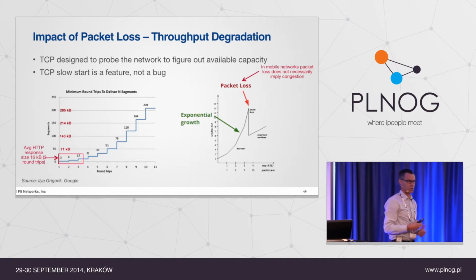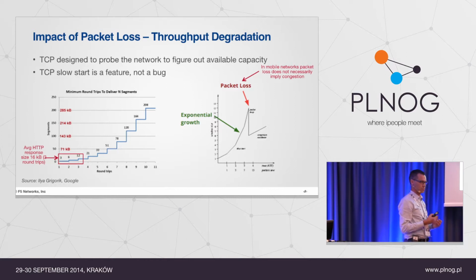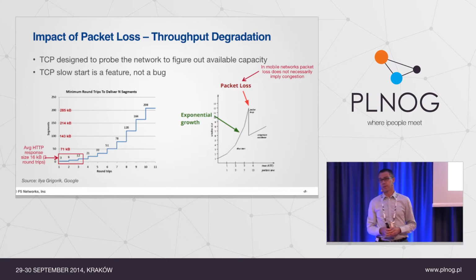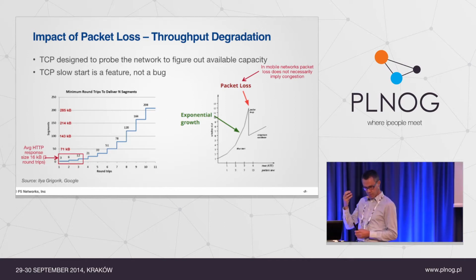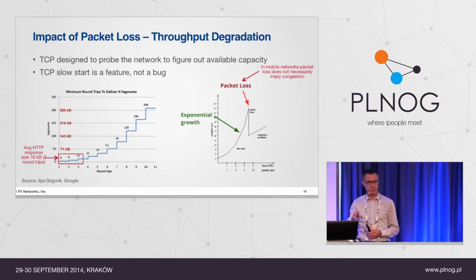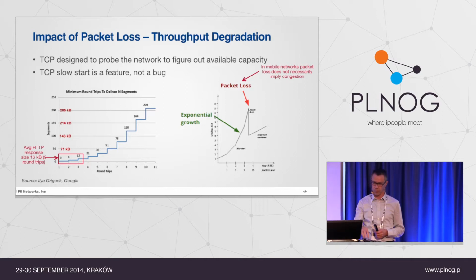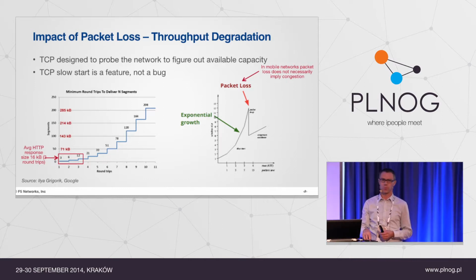Impact of packet loss, obviously that's well known. Packet loss, that is the primary thing used by TCP protocol to determine now I need to go down. TCP was designed in such a way that packet loss should be interpreted as a signal for congestion. So when you have packet loss, TCP thinks, there's congestion, there's too much traffic in the network, I need to slow down.